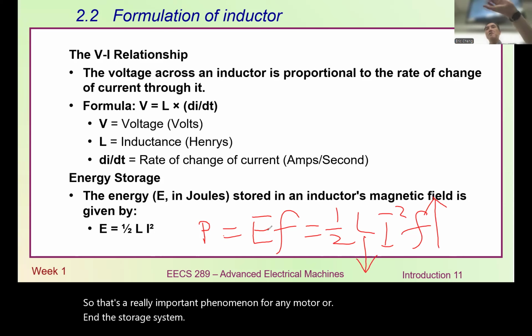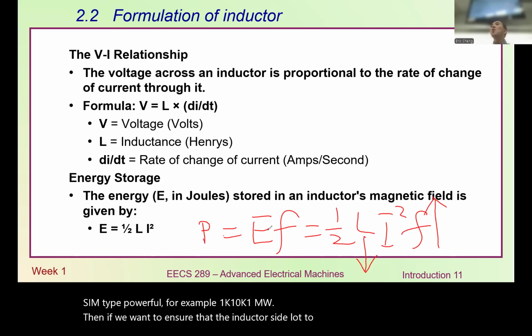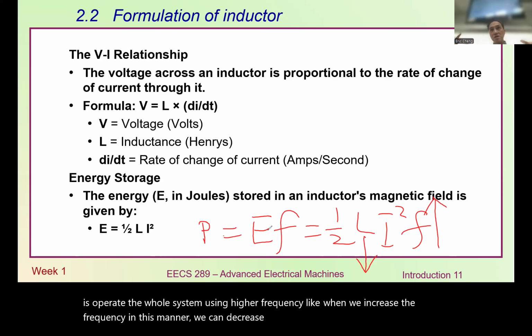Take the same kind of power flow, for example 1 kilowatt, 10 kilowatt, or 1 megawatt. If we want to ensure that the inductor size is not too large, what we can do is operate the whole system at a higher frequency. When we increase the frequency in this manner, we can decrease the inductance, so the size can become much smaller.